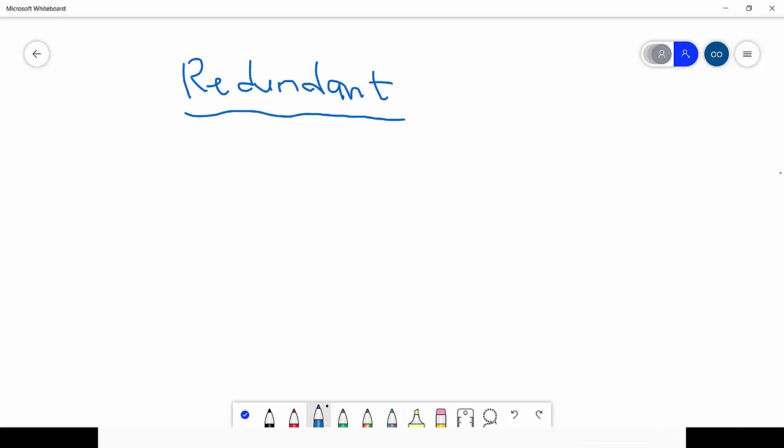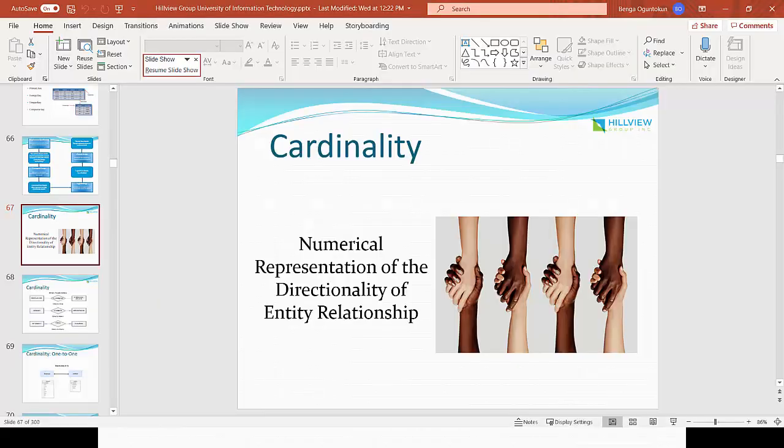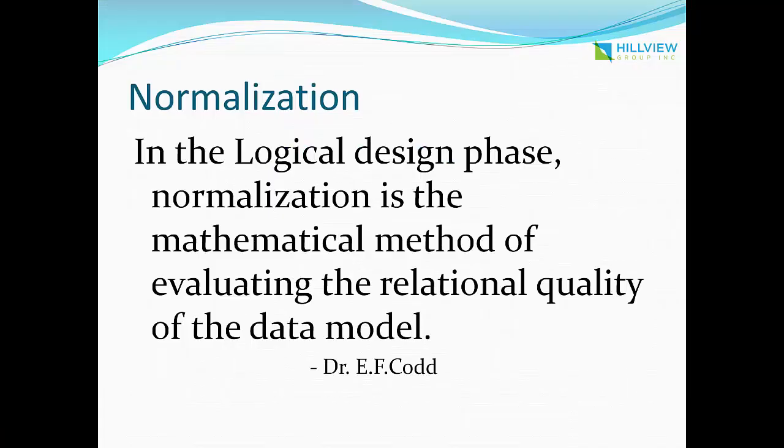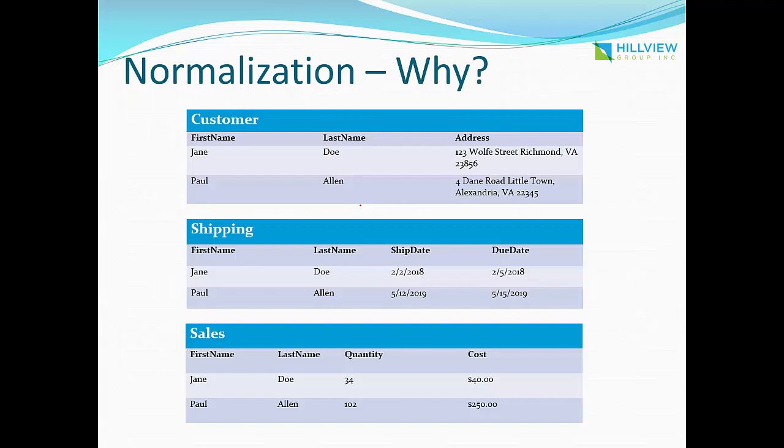Okay? To explain redundant data, I will need some visual. That's one of the things that is better seen than explained. Alright? So, to explain redundant data, I would like you to take a look at the slide that we have here.